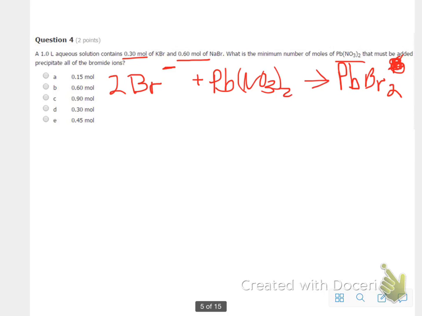So I want to look at the moles of bromine and the moles of sodium bromide. Because it's 1 liter, I have 0.3 moles of KBr, and 0.6 of that. Alright, so let's see what we're going to get.